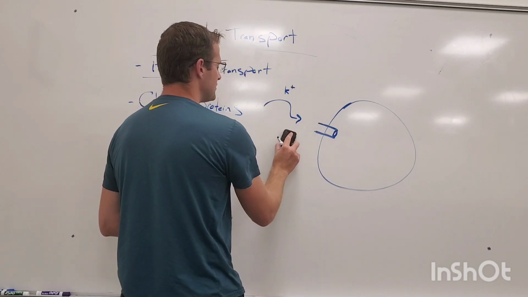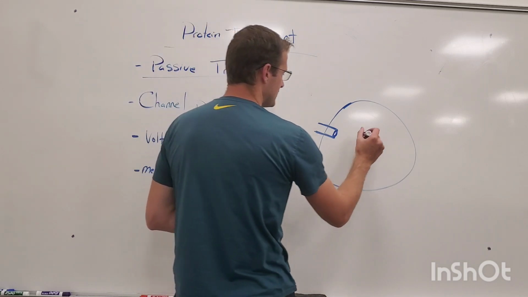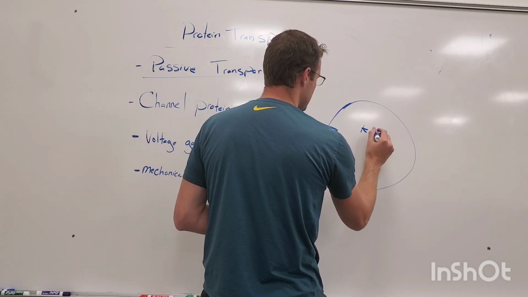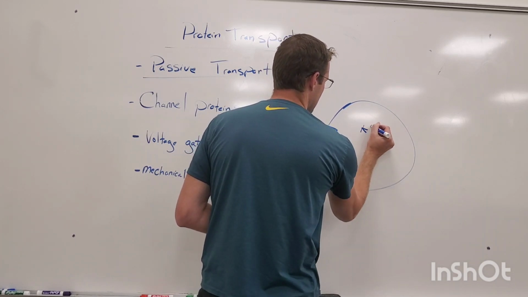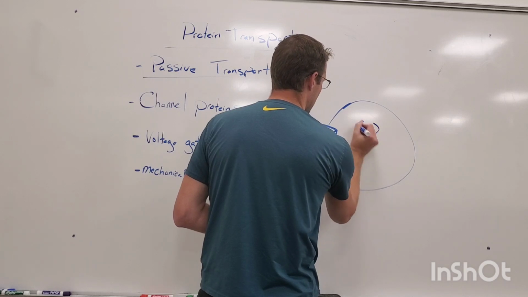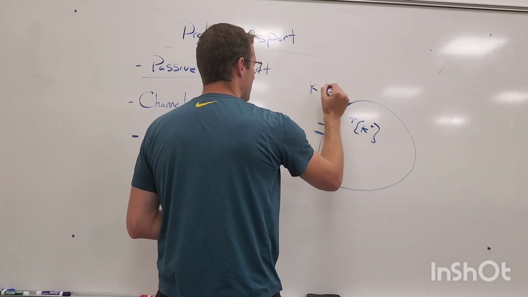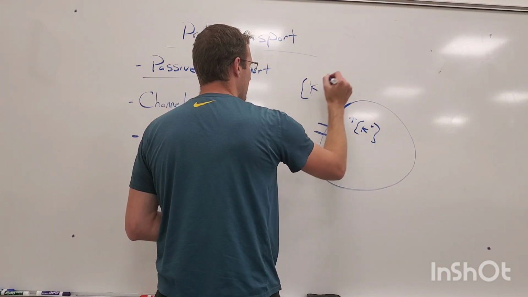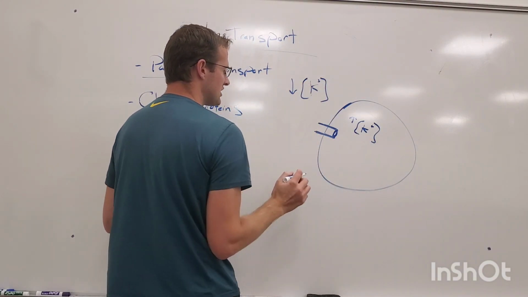Actually, potassium is going to want to come out because there's a higher concentration of potassium on the inside of the cell. So potassium wants to come out.